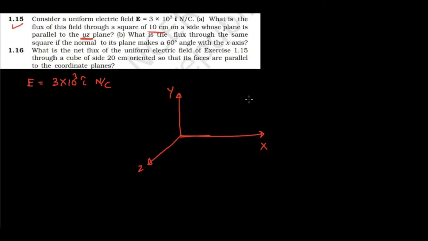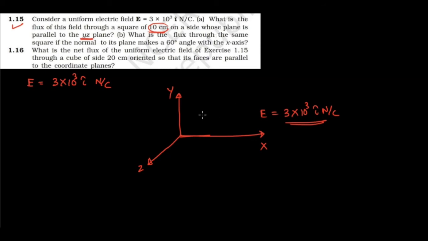The electric field is along i cap, meaning along the x-axis, and the value is given as 3 into 10 to the power 3 i cap Newton per coulomb. We have to find the electric flux of this field through a square of side 10 centimeter whose plane is parallel to the YZ plane.